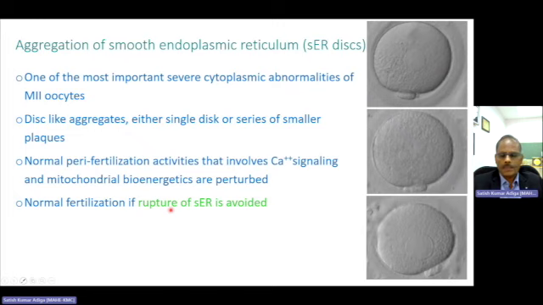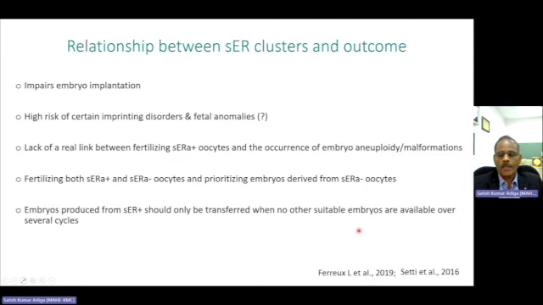In addition to this, normal fertilization can be attained if the SCR clusters are not ruptured during ICSI. So you should avoid damaging the SCR cluster while performing ICSI so that we can have normal fertilization.